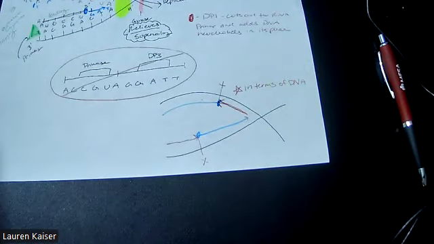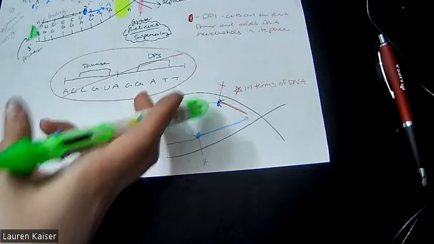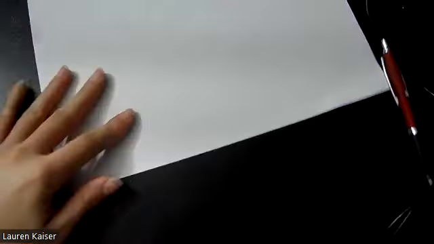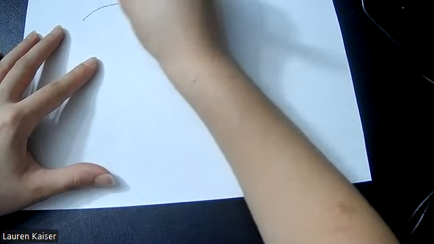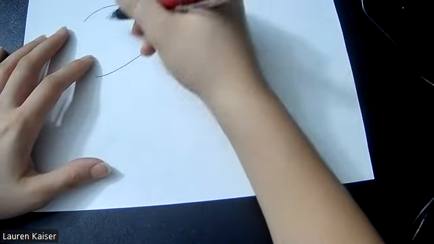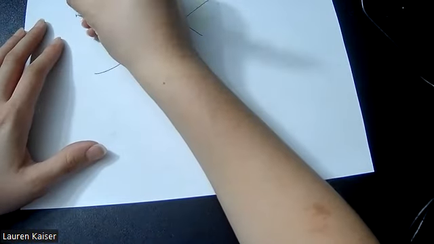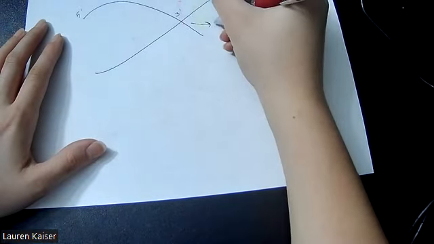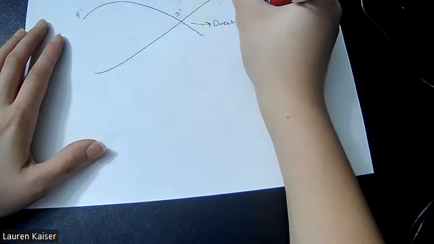So our ligase, our glue, Elmer's, is going to come in and glue these together. So let me, on the other side here, do this. So now when that glue came in, we're going to look a little more seamless. Now let's remember that this is going to be our direction of replication.